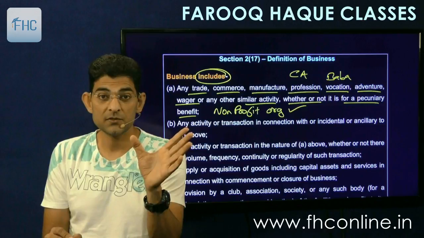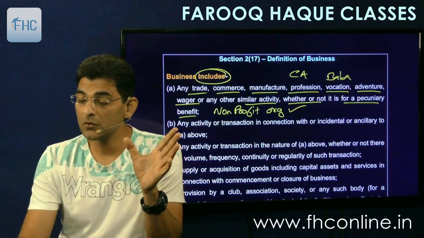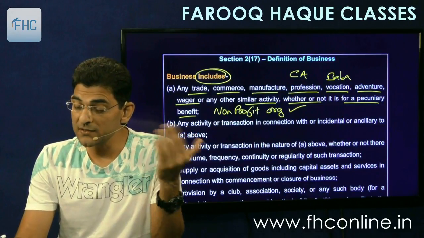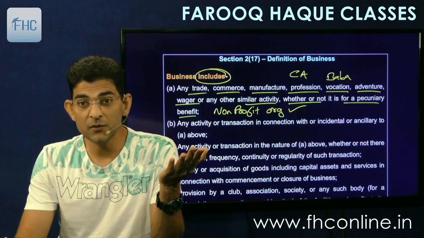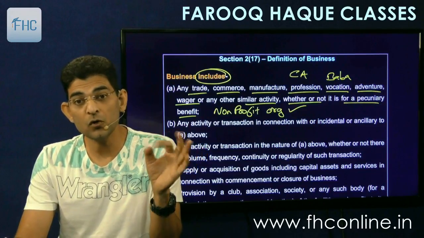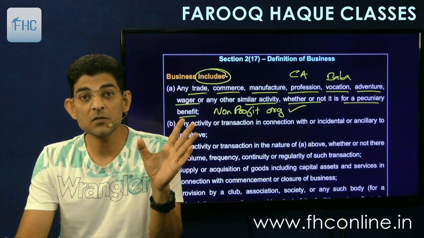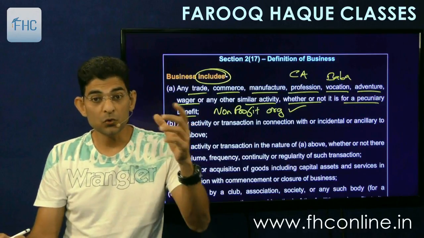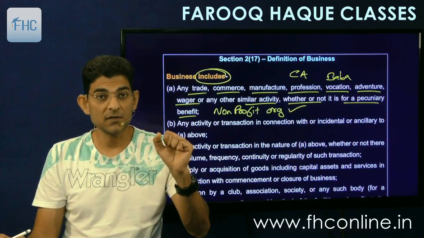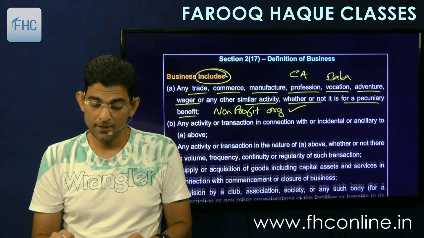They are also doing business. So if your activity is buying and selling, then it is business, whether you do it for profit motive or non-profit motive. It doesn't make a difference. So profit motive is not a required characteristic.